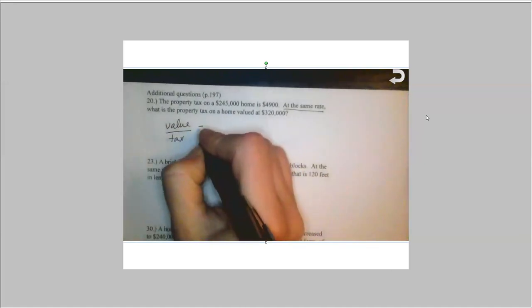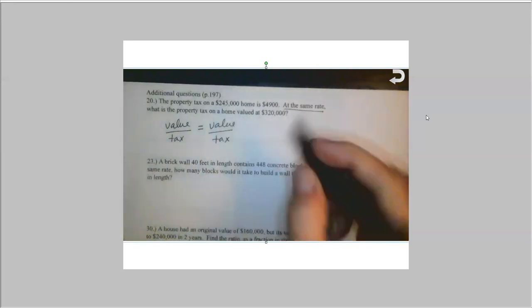But I must be consistent with the other side of that equation. If you had set tax over value, then the right-hand side would have to also be tax over value. That's what I'm saying. It doesn't matter which one's on top as long as you're consistent with the left and right-hand side.